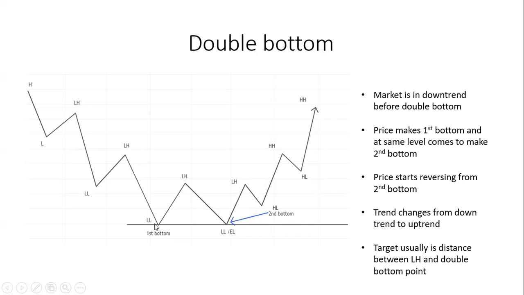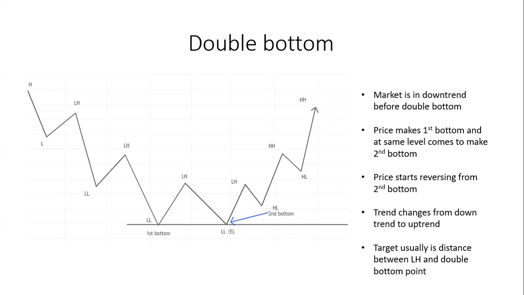This was the first bottom, right? Now the stock comes to the same, equal level, hence it is called a double bottom. And from this second bottom point, the price starts reversing, and the trend which was earlier a downtrend starts going into an uptrend. So now the trend changes from downtrend to uptrend.